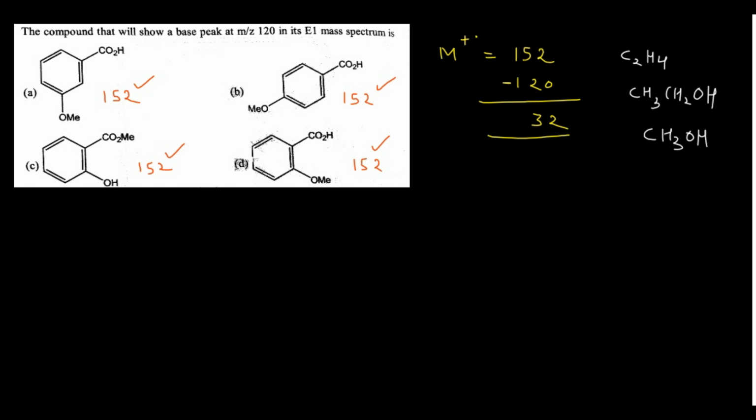If you check the molecular weight of methanol, carbon is 12, hydrogen is 3, oxygen is 16, and again hydrogen is 1, this will give you 32. That means you should remove a CH3OH molecule from any one of these in order to get the peak at 120.